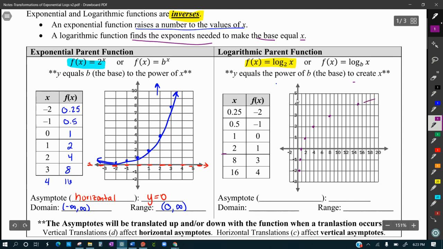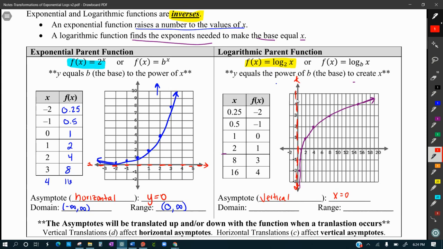If I look at the way that this graph is going, it's starting at the bottom, going right along the y-axis, and then it starts to bend away out to the top right. So we have another boundary line here on the y-axis, a vertical asymptote this time. This one has the vertical asymptote at x equals 0.